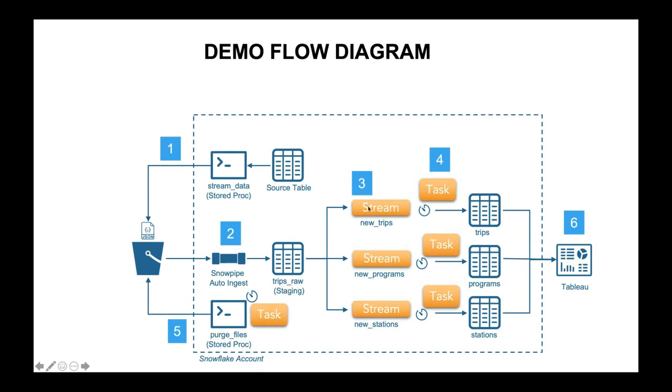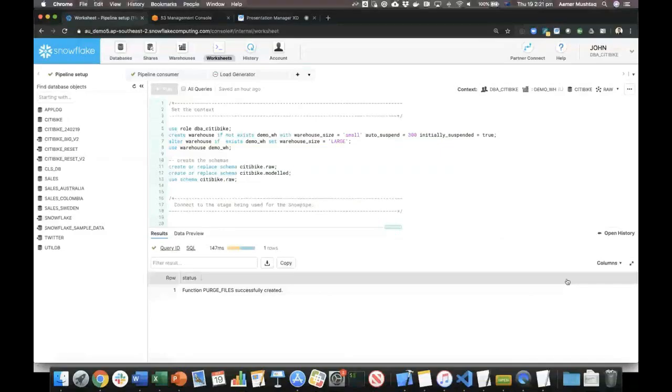Then I'm going to set up 3 streams, which will be named new trips, new programs, and new stations, and these will be the deltas from the source table, capturing all the changes. And then at step number 4, I will set up tasks, which will have the transformation logic and start to move data upstream to tables, which will then be visualized through Tableau. So these are the 6 different steps we're going to do as part of the demo. So let's just get into it.